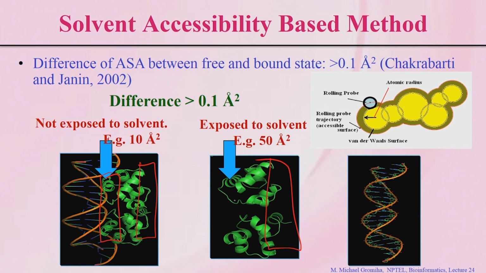Unbound, because in this case it is accessible to solvent. So this has a higher accessible surface area than in the complex state, because here it is hindered by the DNA; this region is covered by the DNA, hence the area will be less. So if you compare the solvent accessibilities of the complex and the unbound state, and there is a difference in accessibility, then what can we say?